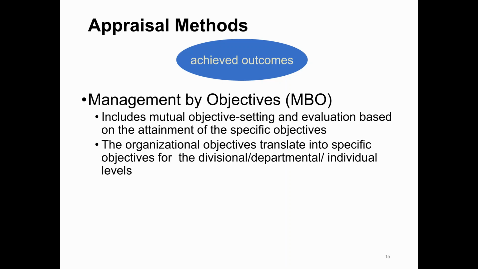Management by objective includes mutual objective setting. Mutual means it is set by the organization and the employee together. And it is evaluation based. For example, employees are given a task to achieve, which is mutually agreed, and they are also told how they will be evaluated in terms of achieving those tasks.